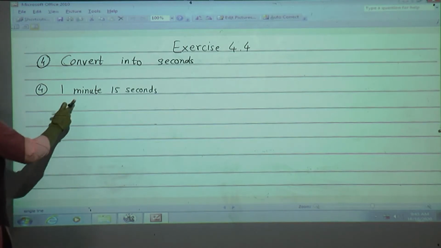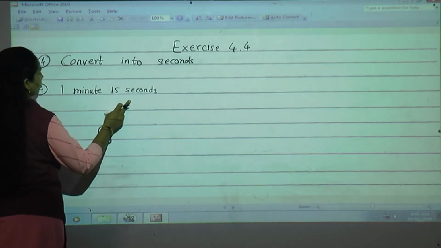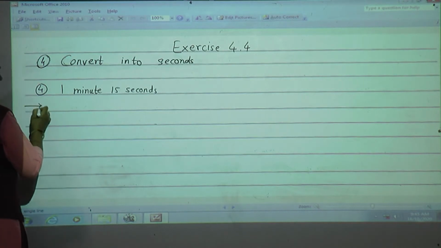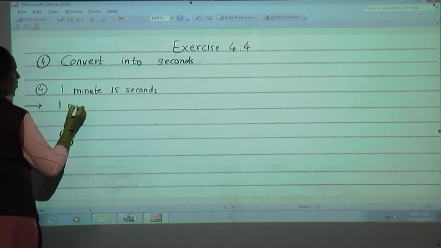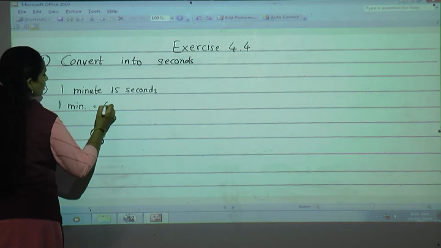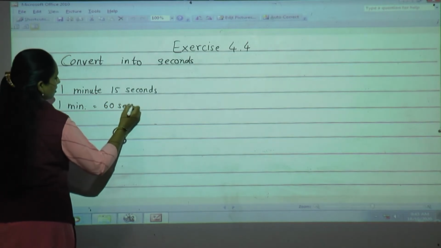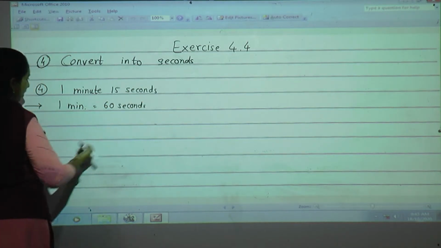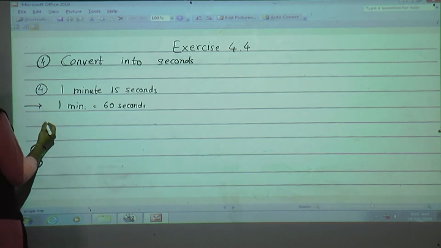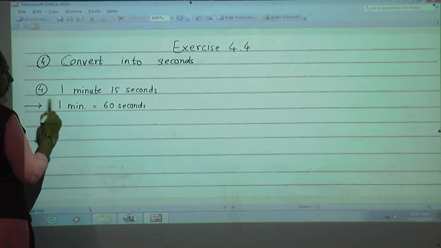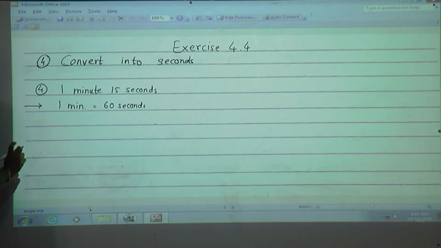First they had given minute also and seconds also. 1 minute is equals to 60 seconds. You know that. Okay. Now, so already 1 minute is equals to 60 seconds. So no need to multiply anything.